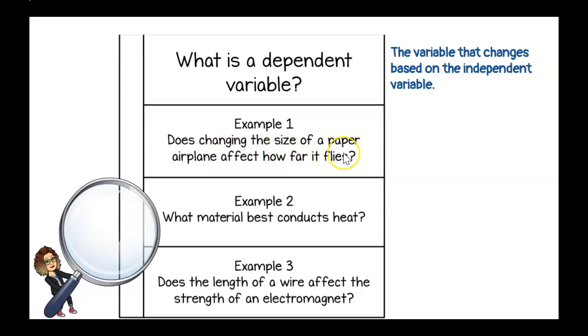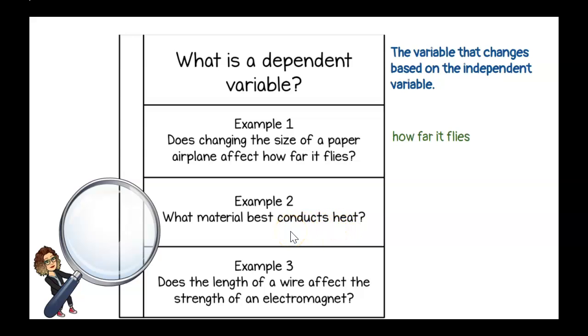So we know that the size of the paper was the independent variable. The dependent variable is going to be how far did each one fly, depending on the size of the paper. So what do you think about what material best conducts heat?